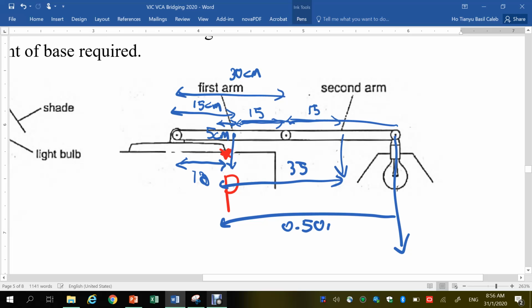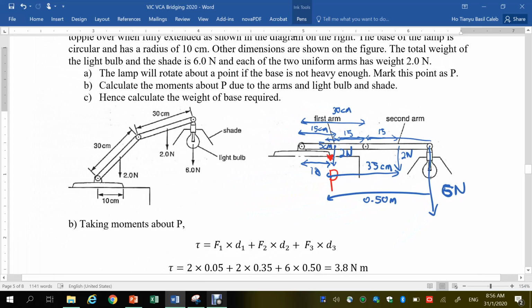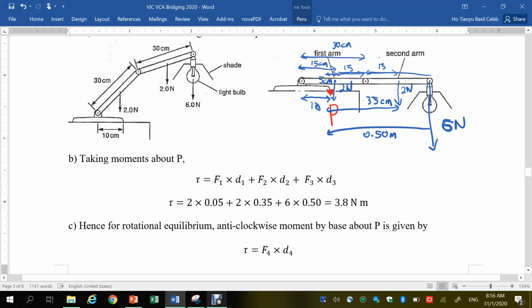This is cm. Right, so with this, we actually have a diagram that we can solve more easily. So this is 6 newtons, not 5. This is 2 newtons. Right, so if we look at this diagram now, which is a little bit messy, I agree, we can actually find the moments about P.